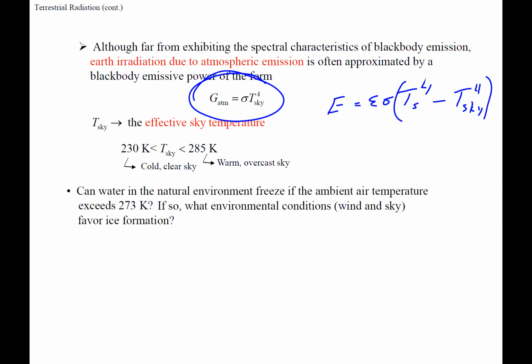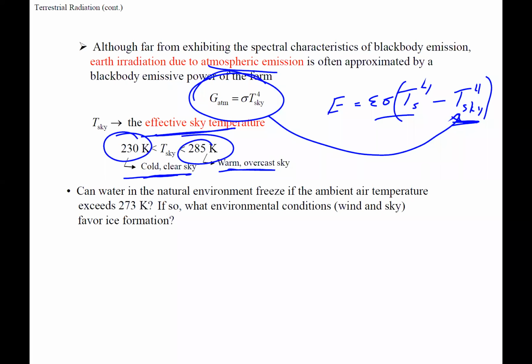We subtracted that off, and that's what you're seeing here. That's this portion when we did that subtraction, because this is what's leaving, and this is what's coming back from the atmosphere, high in the sky, okay? And that sky temperature changes based upon the conditions, right? And this is far in the sky, not just right off the Earth's surface, right? And it changes dependent upon the environmental conditions.